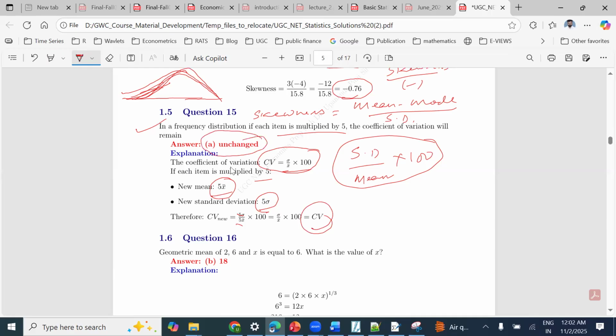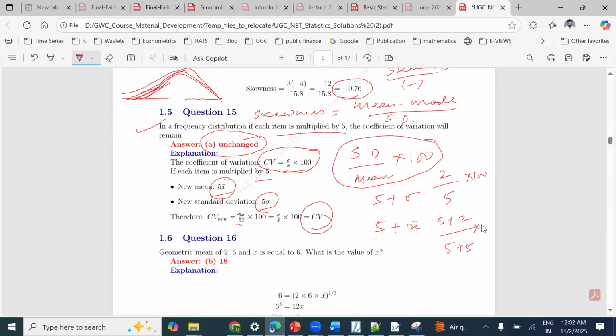Now if 5 is added to sigma, it will be 5 plus sigma, and 5 plus x bar. Let us take one value so it will be clear. Suppose the standard deviation is 2 and the mean is 5, into 100. If we add 5 over here, it is 5 plus 2 upon 5 plus 5.